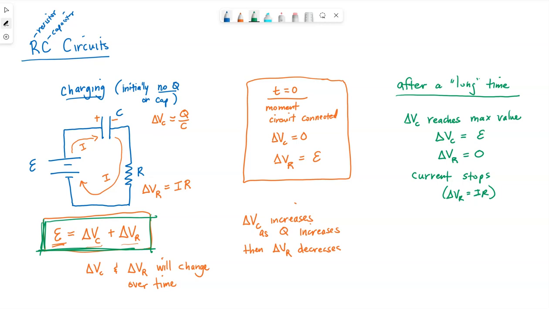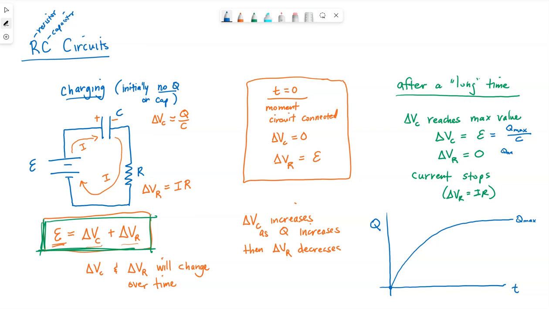So ultimately, what we end up seeing, couple things. If we want to talk about the charge on the capacitor, it increases exponentially until it reaches a maximum value. The maximum value of charge occurs when the capacitor has its maximum voltage.